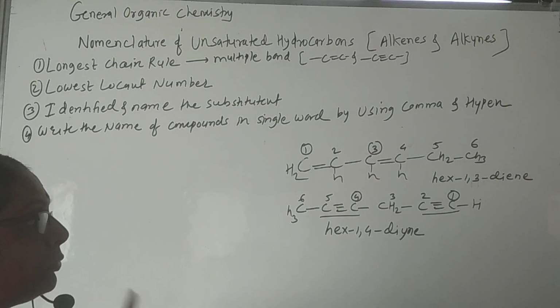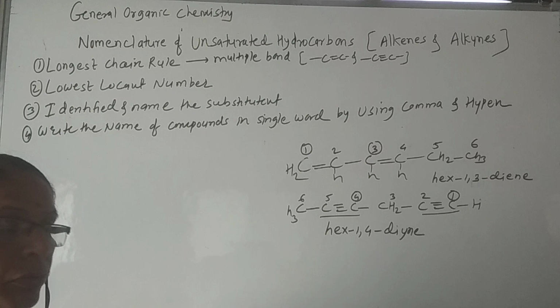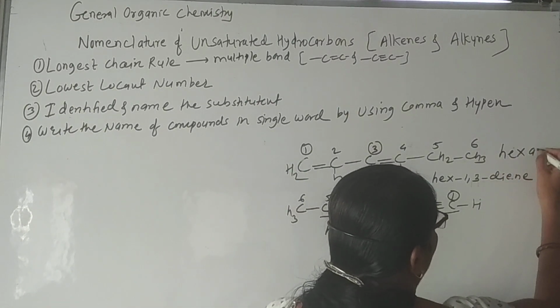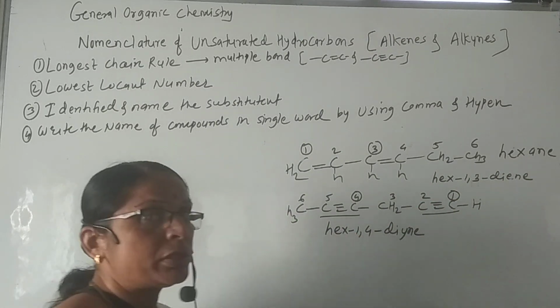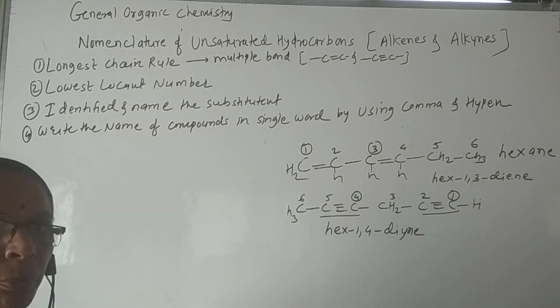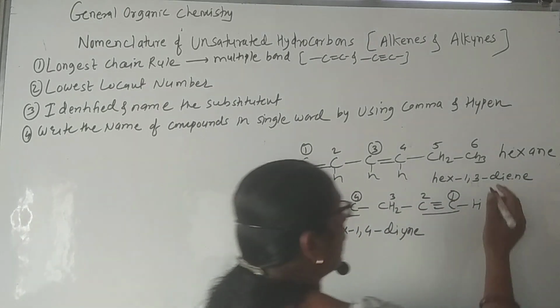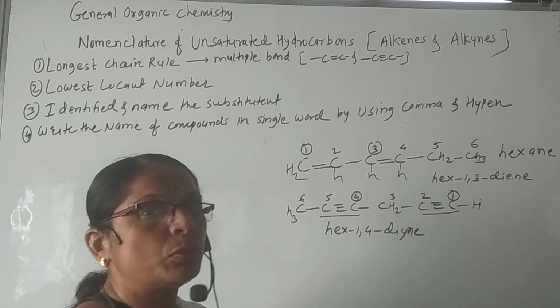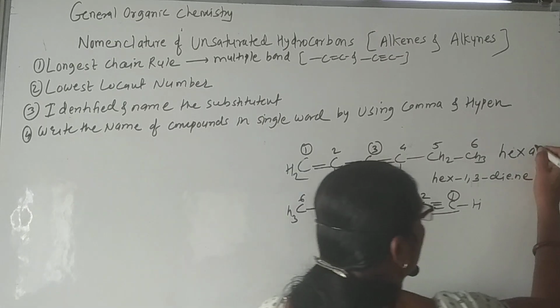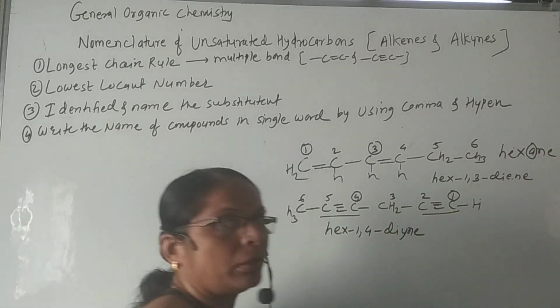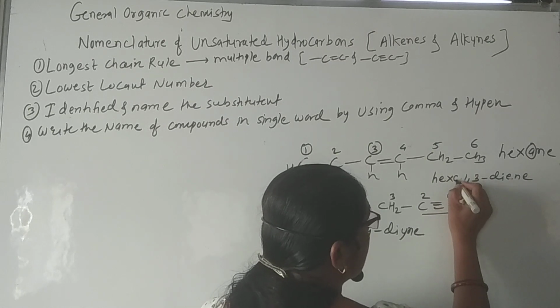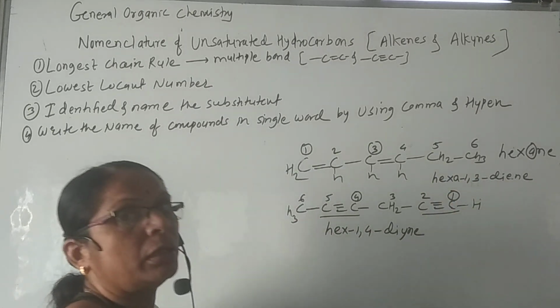So here one change I have to make again, that is very important to remember. The parent is hexane. If I write it this way, it is wrong, because I will not consider an important thing: in writing, if your double bond occurs 2 times or triple bond occurs 2 times, in this case the A I have to retain, the A will not be cancelled. So here I have to write hexa-1,3-diene.